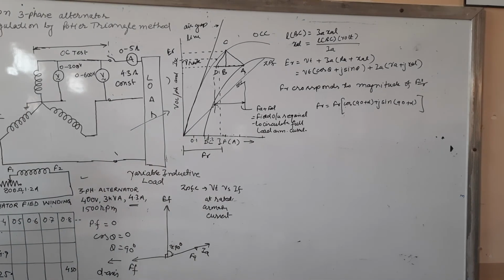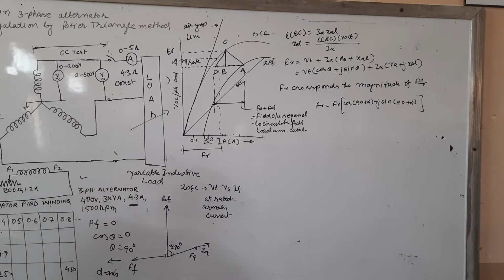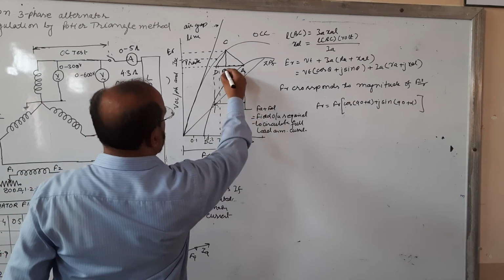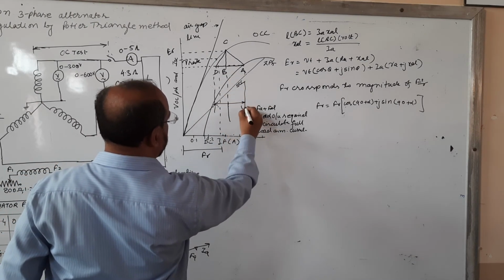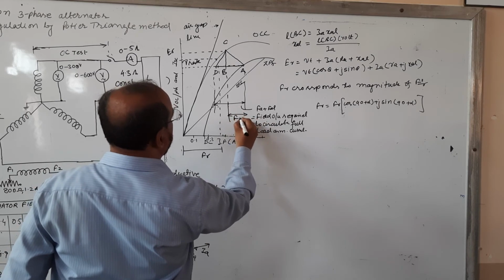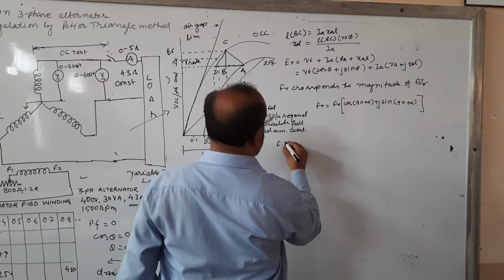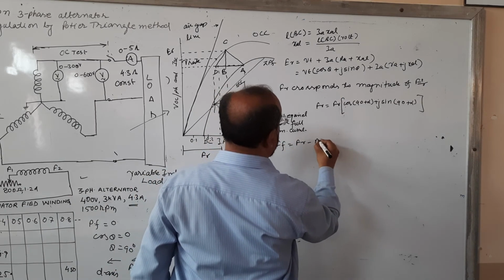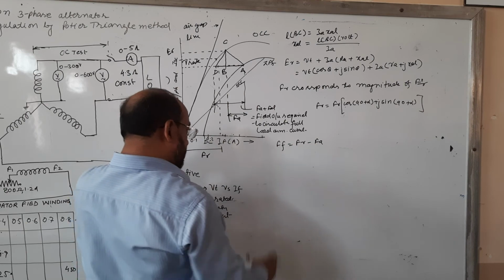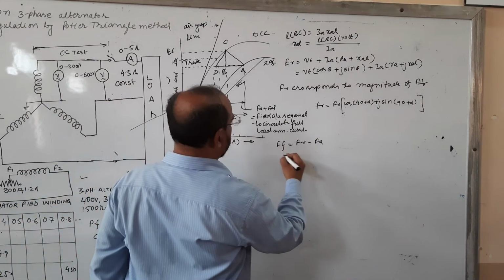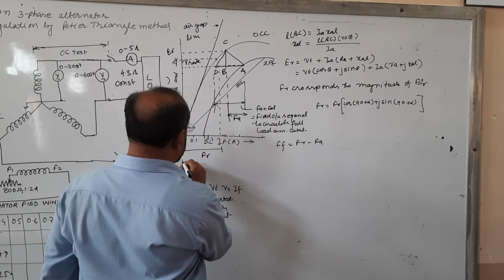Okay. So once the FR value is found, find the total value FA plus FAL. So this much part is FA. Therefore FL is equal to FR minus FA. Once we know the magnitude of FF, measure what the FF value is.